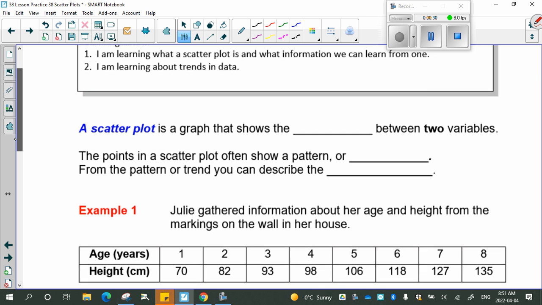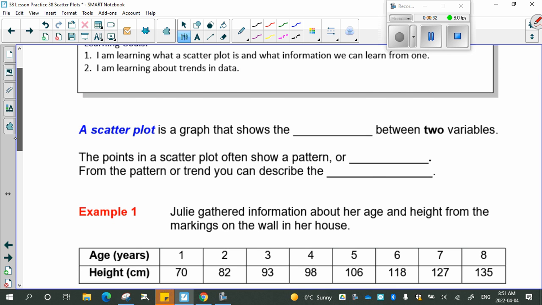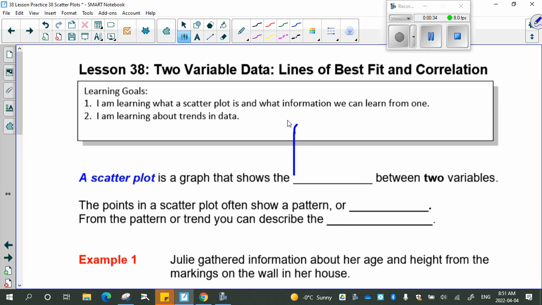All right, so a scatter plot is a graph that shows the relationship between two variables.